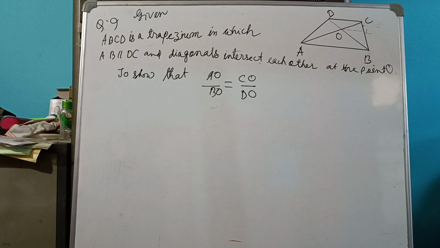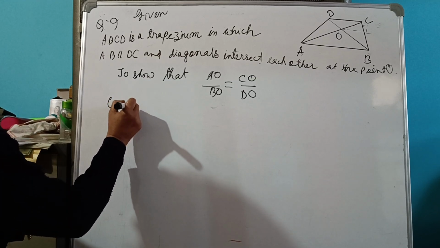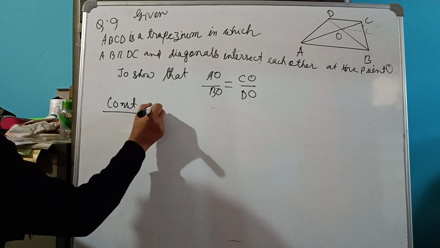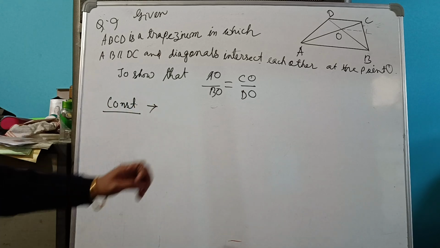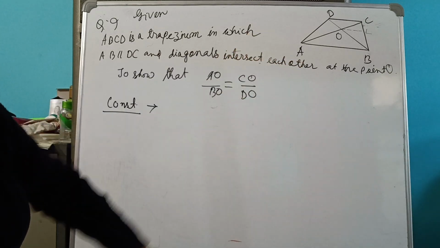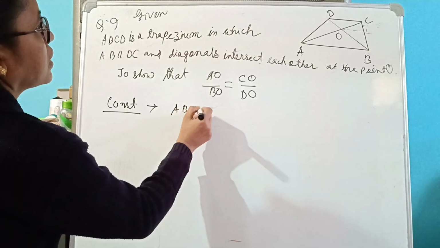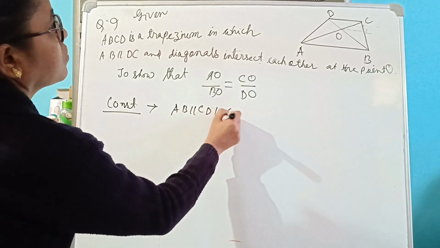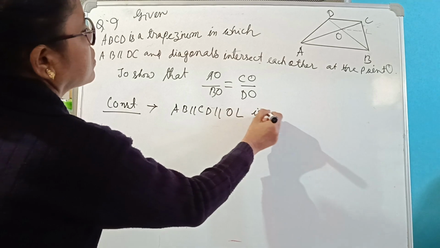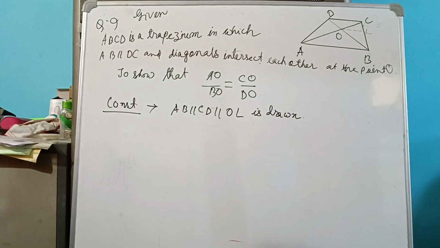In some questions where we want to prove, construction is needed. Here we also construct. Here the condition is given AB is parallel to CD, so we draw OL parallel to AB and CD. In this figure, construction is needed.